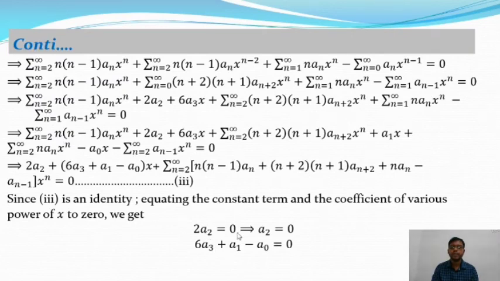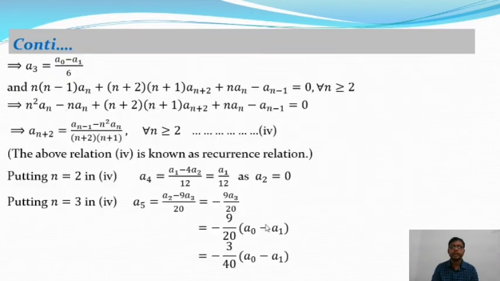That means 2a2 equals 0, from this a2 equals 0. 6a3 plus a1 minus a0 equals 0, and from this a3 equals (a0 minus a1) by 6. From the third, the coefficient of x to the power n, we get n(n-1) a_n plus (n+2)(n+1) a_(n+2) plus n a_n minus a_(n-1) equals 0 for all n greater than or equal to 2. From equation 3 we get this third coefficient, the coefficient of x to the power n.